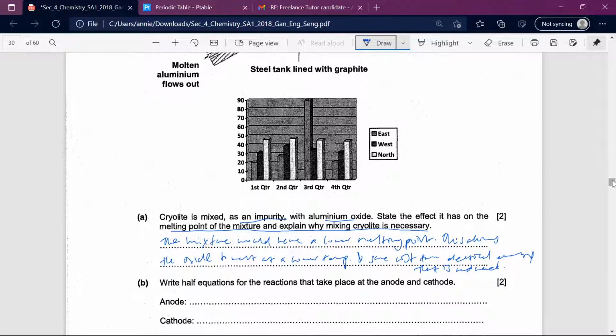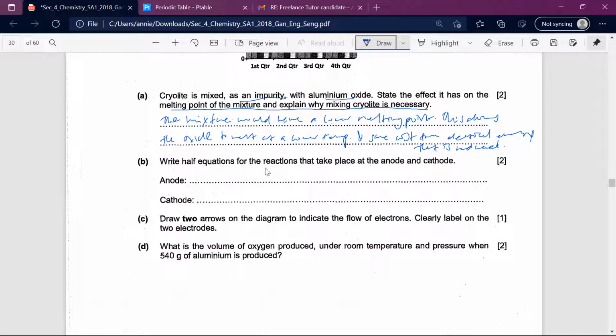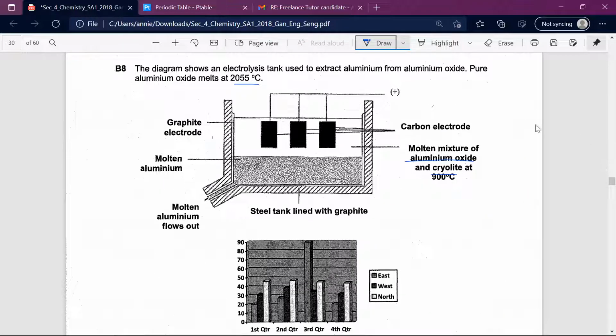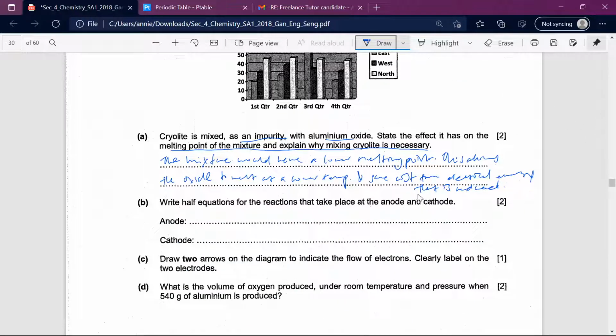Okay, so now we have to write half equations for the reactions that take place at the anode and the cathode. Okay, let's look at this. So here's the positive and flows. Okay, so the anode and the cathode, right?